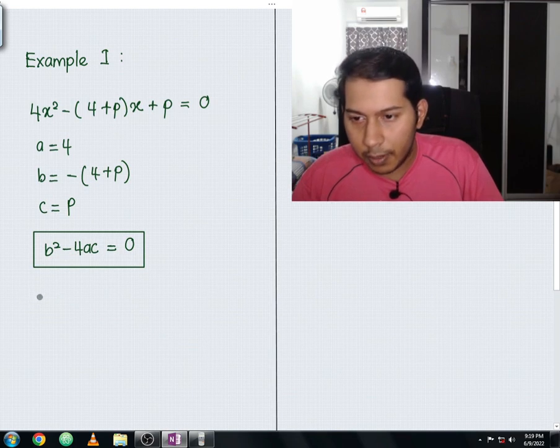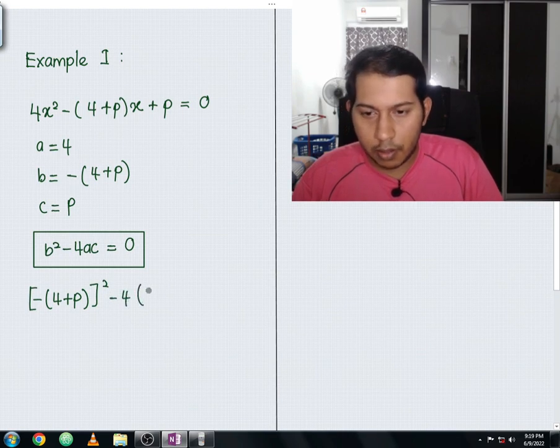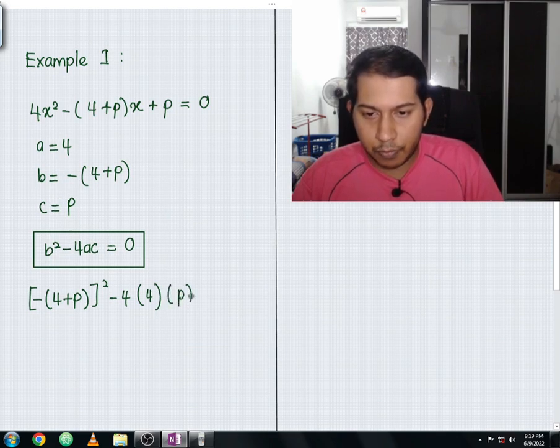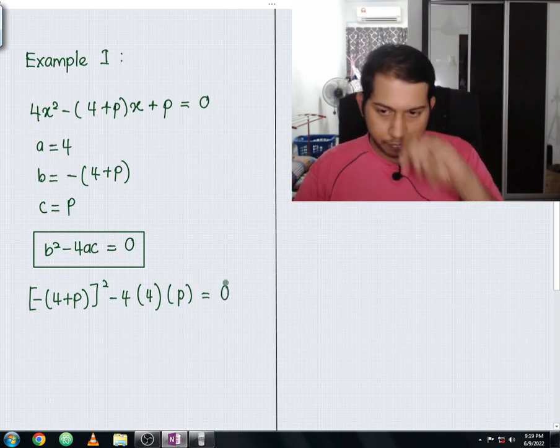So from here, negative in a bracket 4 plus p, square bracket square, minus 4 times the coefficient a, 4, times the coefficient c, in this case p, equals 0.